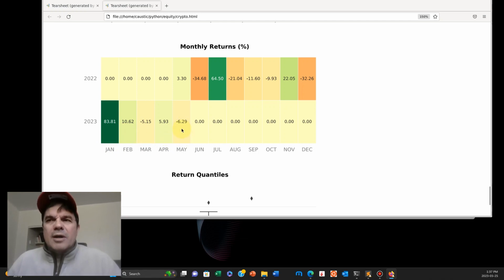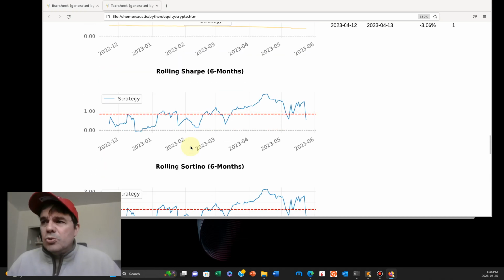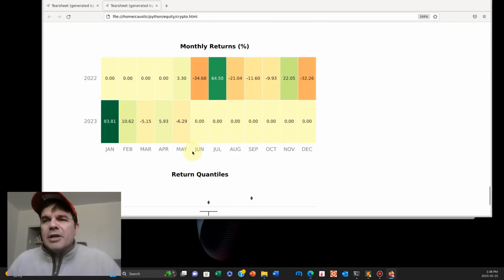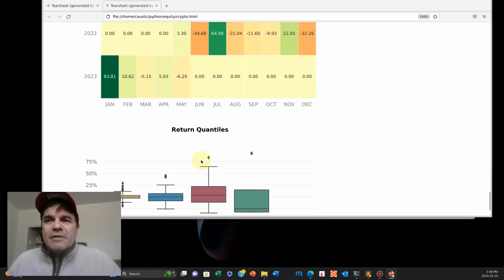But this month so far, it's negative. So obviously that tells you that so far for this month, you don't want to hold crypto in your ETF to have negative performance. That's the whole point of why I segregate out these tear sheets, to just show you what's performing, what's not, what's performing for the current month, what you should stay away from.